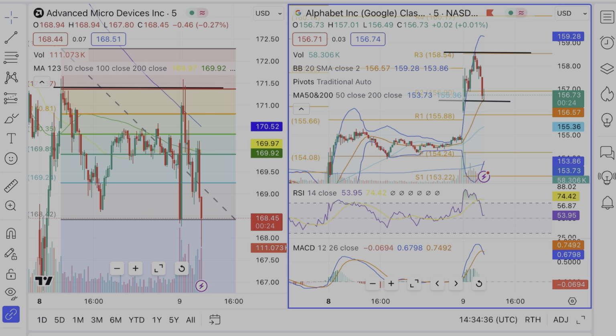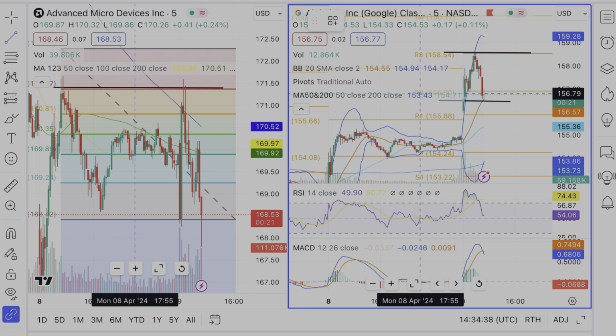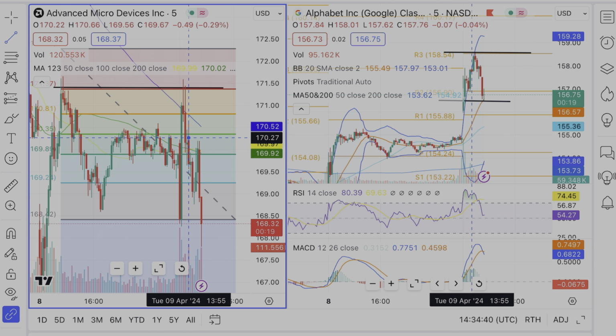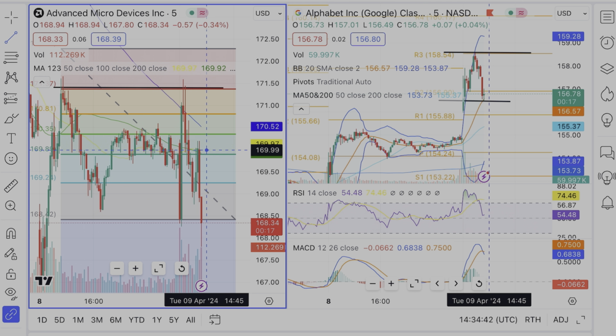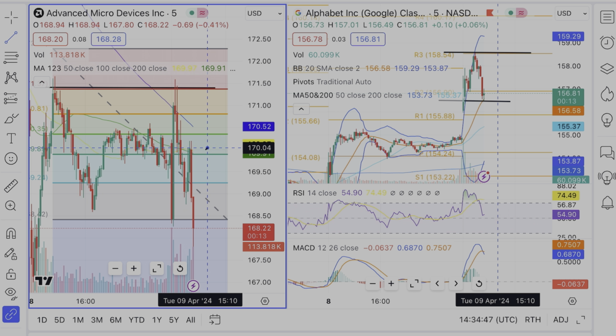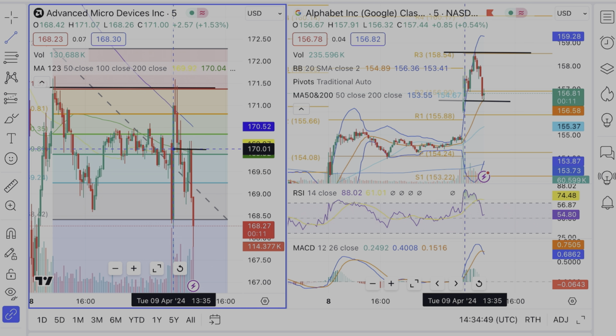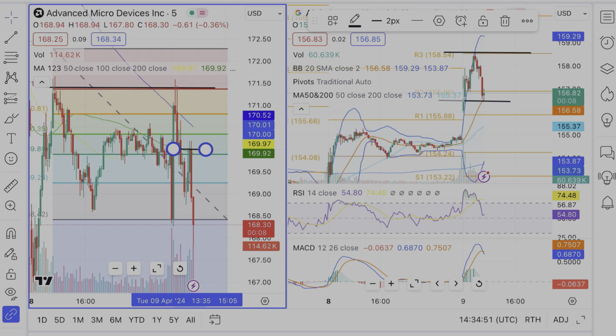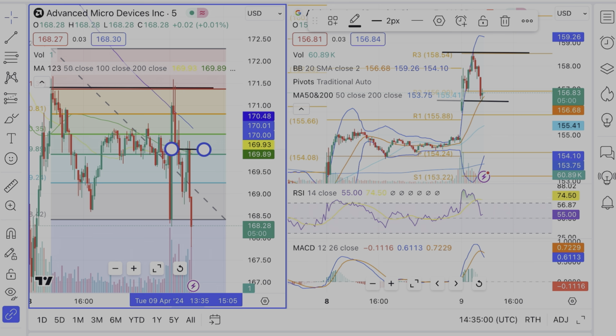So if y'all look right up in here on AMD, both of these candles tried to go above the 200 and pushed down. So that would have been a good trade entry, either on this long red candle going down or jumping in this next one.